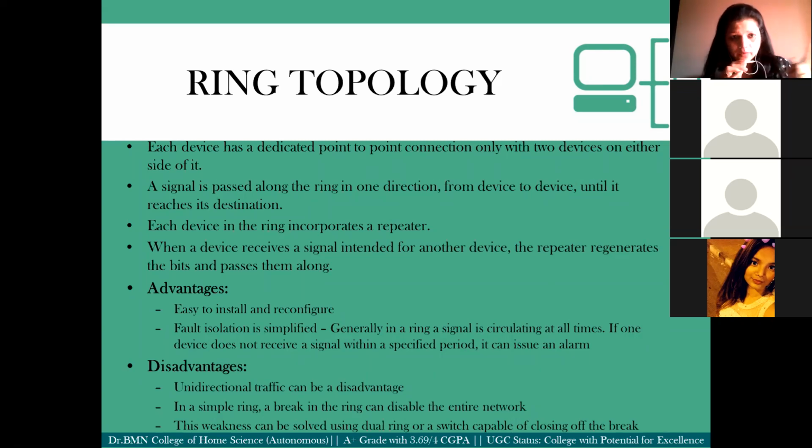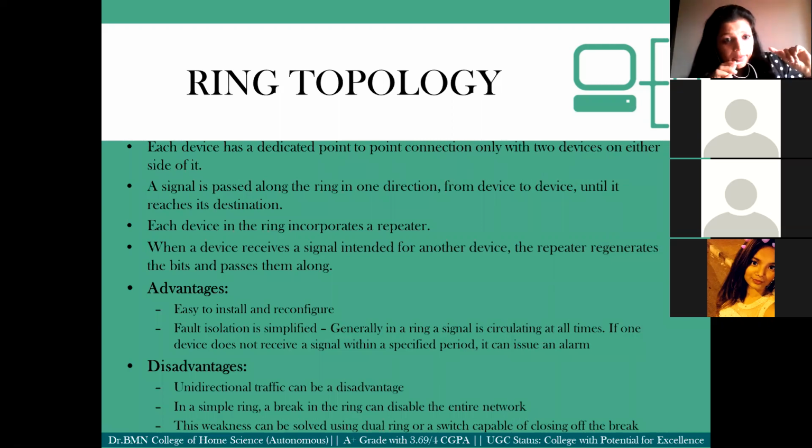Now when any device doesn't receive that particular trial signal for a specified period of time, let's say 2 minutes, the machine is programmed so that if it doesn't receive the trial signal for 2 minutes and 1 second, it will raise an alarm that it is not receiving this signal.